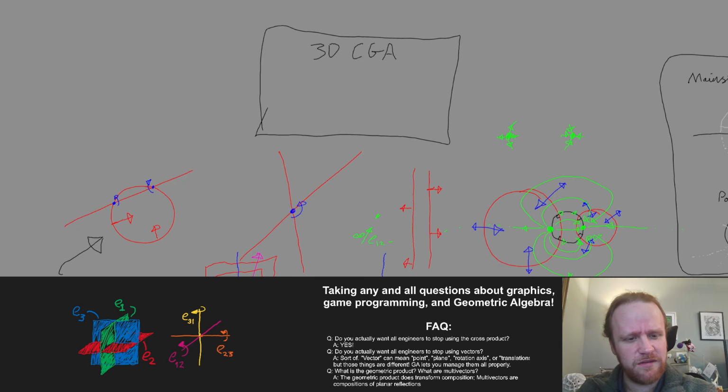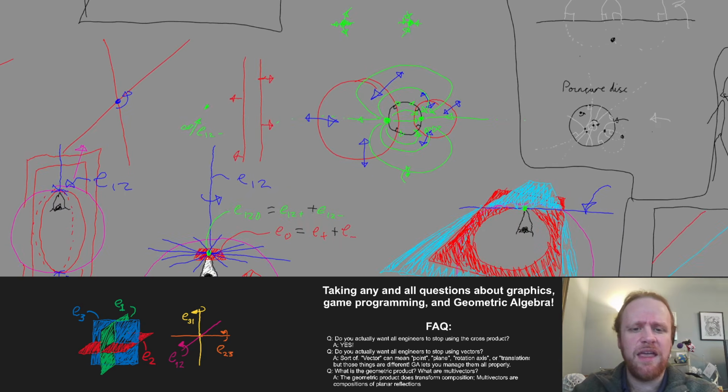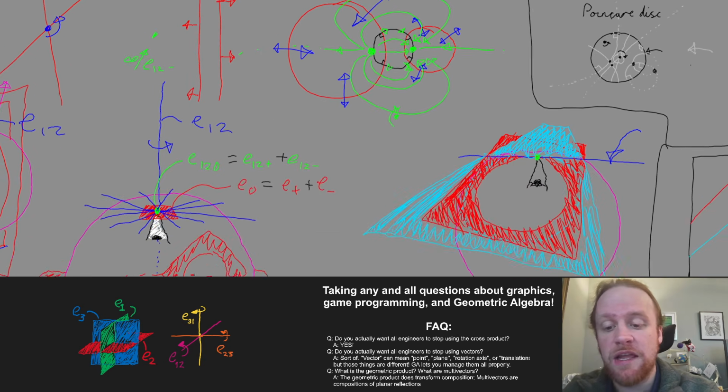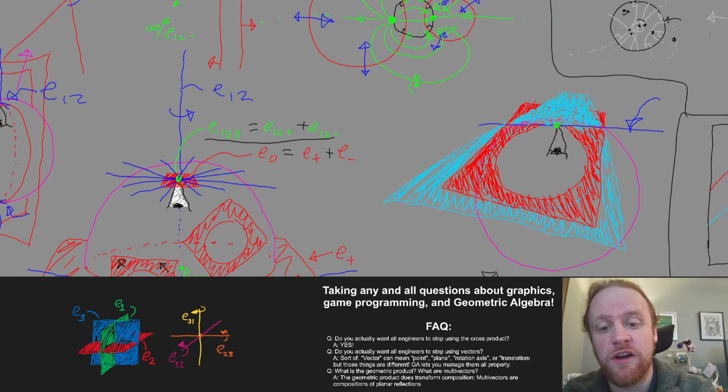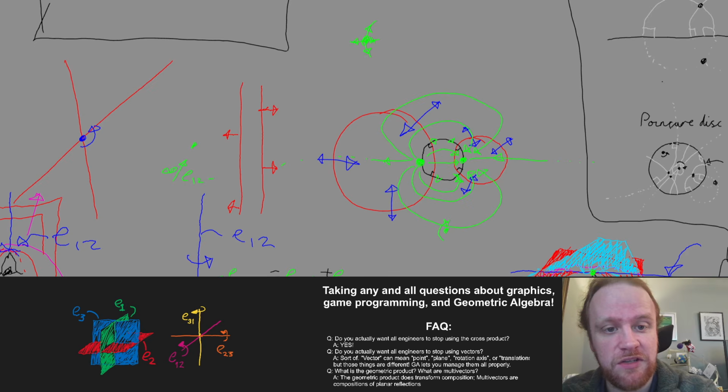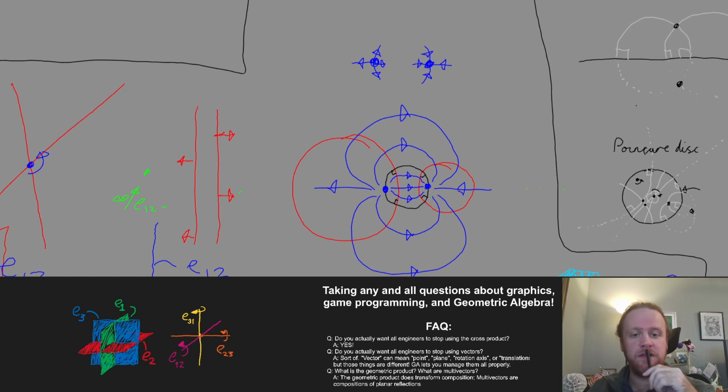Oh god, I didn't want to draw those in green. That was a bad idea. I care so much about this, because green is for trivectors, and this is not trivectors. This is still a bivector, ladies and gents. Okay, that's a bivector, and that's a way of drawing it that's kind of nice.